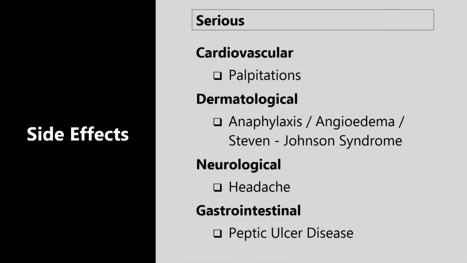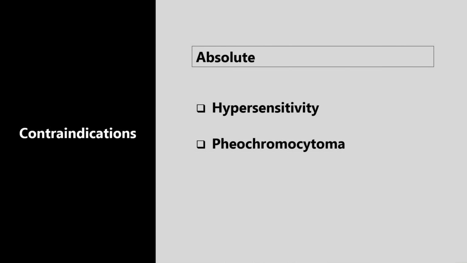Some serious side effects are also reported with the use of betahistine, such as palpitations, anaphylaxis, angioedema, Stevens-Johnson syndrome, headache, peptic ulcer disease. If a patient has a previous history of hypersensitivity reaction with betahistine, it should not be used again in that patient.